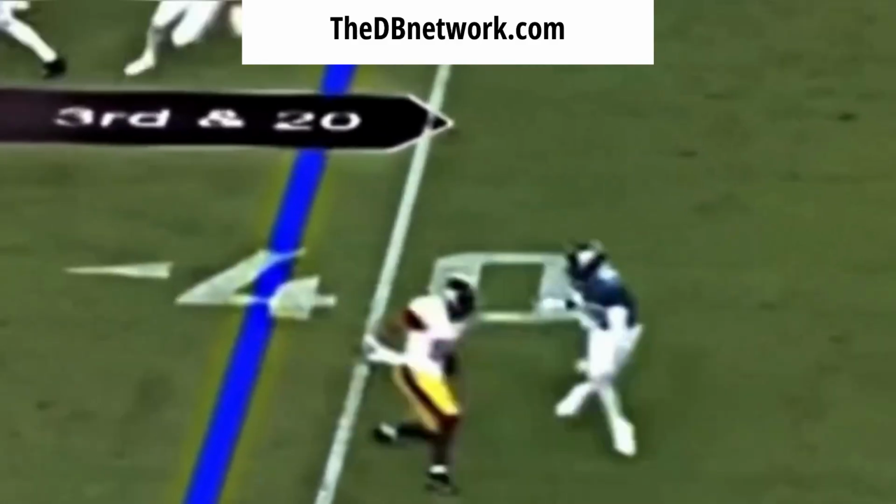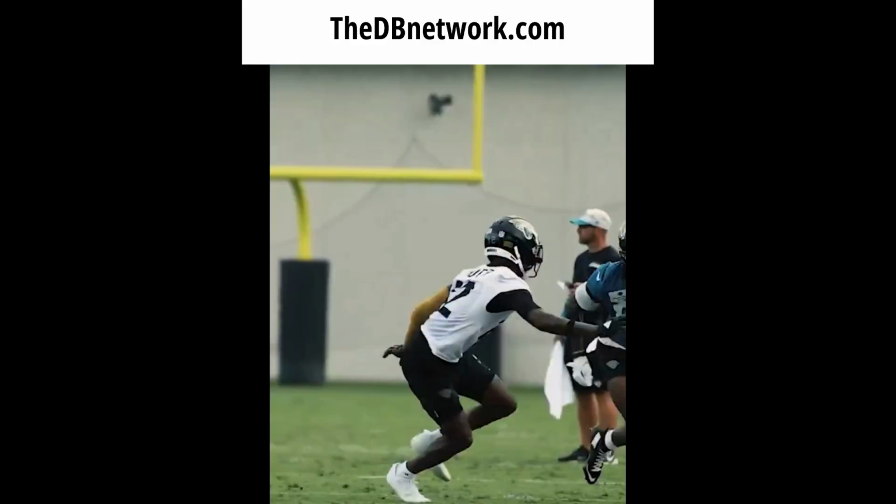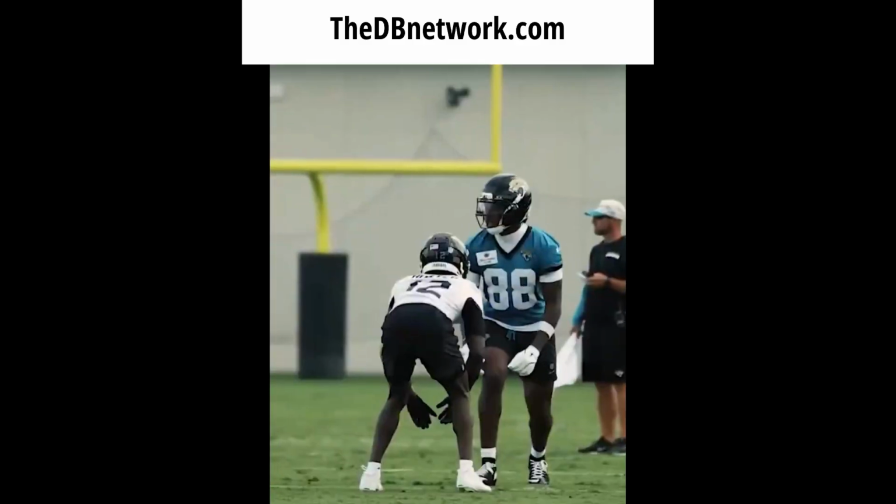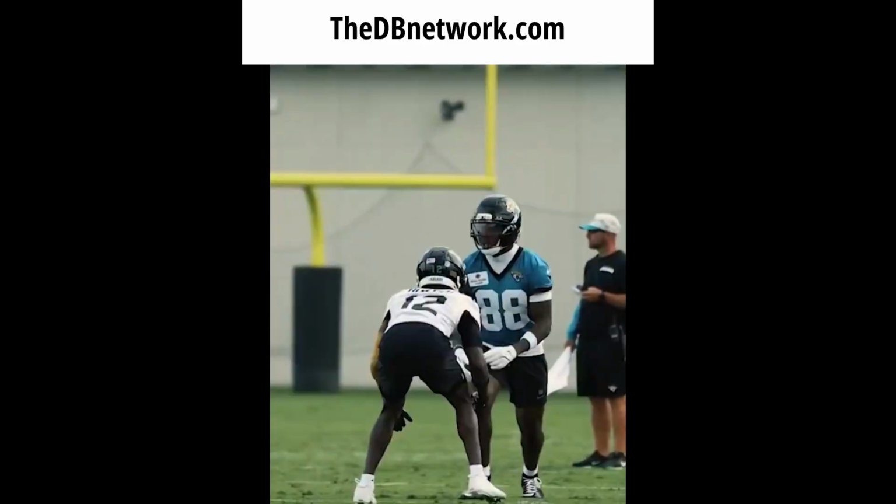Now, the reason why this is concerning to me is because this is who he is. This is who he always has been, and it works until it doesn't. And this is something that he's gonna have to do every day before practice and then get reps in practice. They're gonna have to force him to get these reps in, okay?